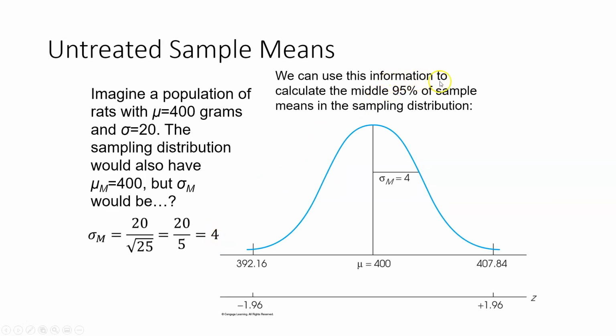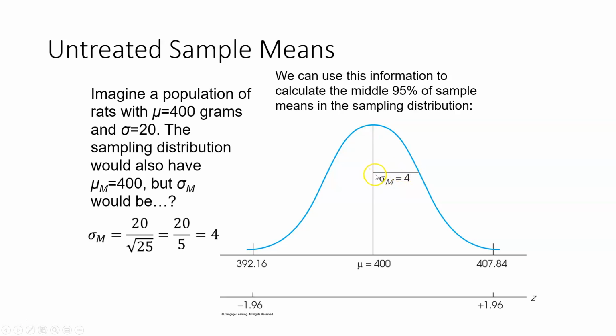We can use this information to calculate the middle 95% of the sample means in the sampling distribution. So if we draw the sampling distribution out, it would have a mean of 400, just like the population, but instead of a standard deviation of 20, it would be skinnier. It would only have a standard deviation of 4.